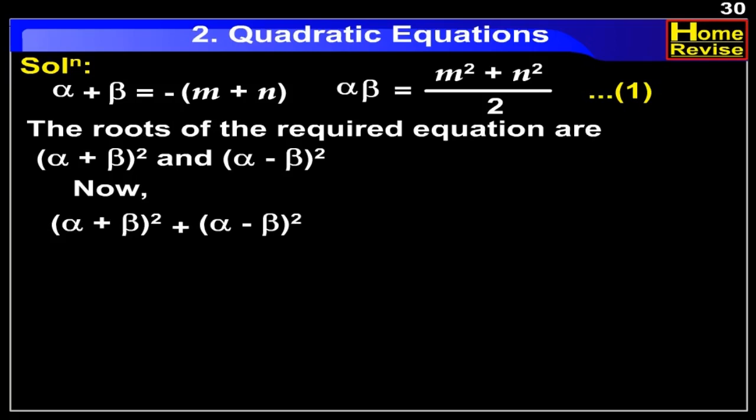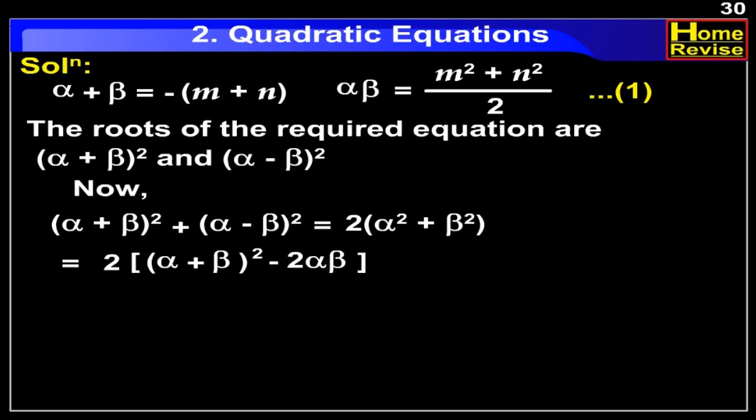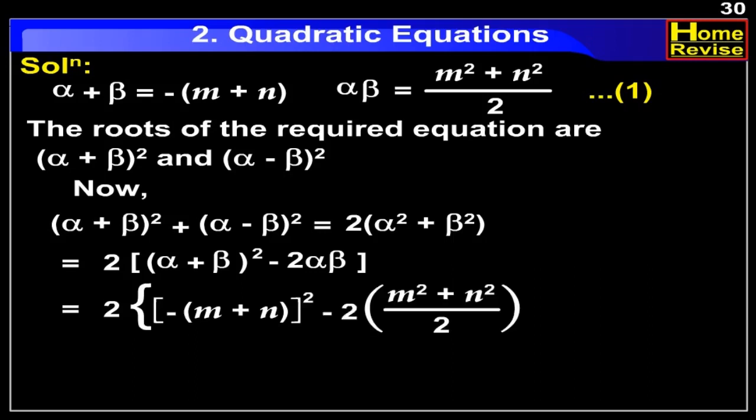Now alpha plus beta whole square plus alpha minus beta whole square would be equal to 2 into (alpha square plus beta square), which is further equal to 2 into (alpha plus beta whole square minus 2 alpha beta), which is further equal to 2 into {minus (m plus n) whole square minus 2 into (m square plus n square) upon 2}.